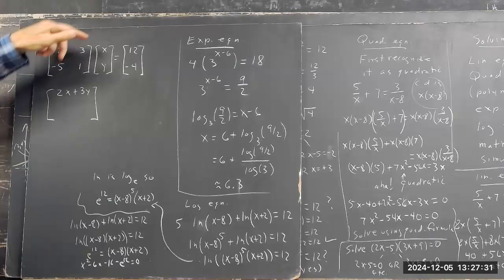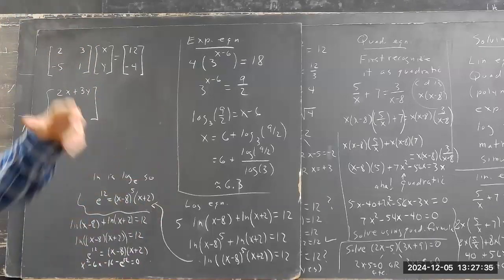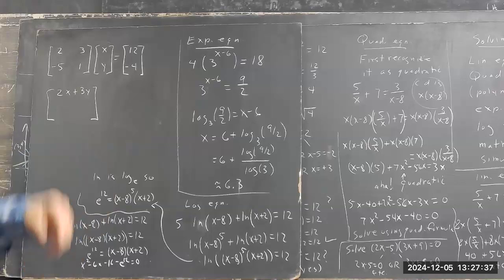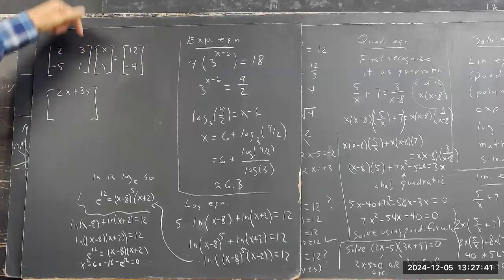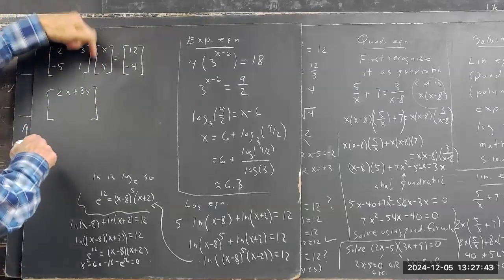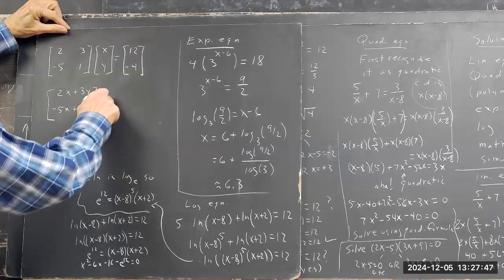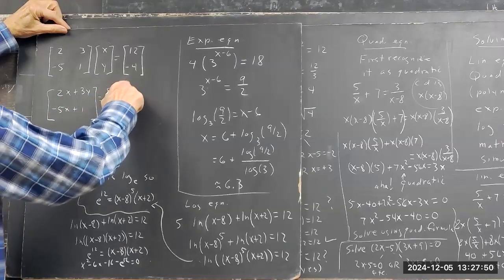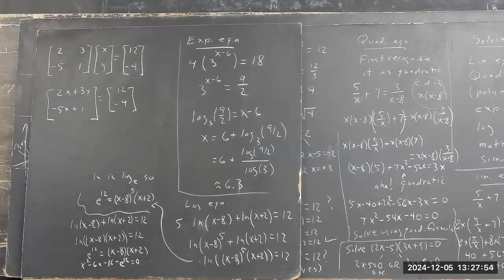If you remember how to multiply rows by columns, and everybody was doing really well with this as late as last week, so I think you do. Just to refresh you, you multiply the row by the column, and this row by this column, you get negative 5x plus y. That equals negative 4.